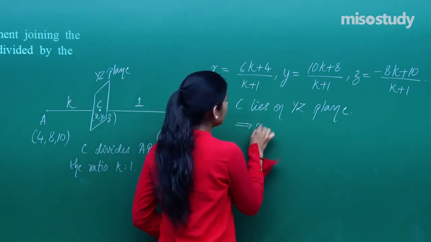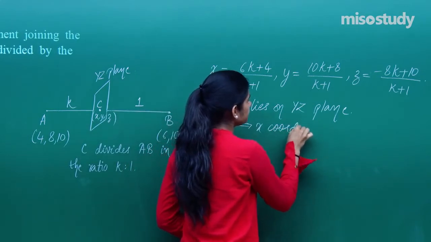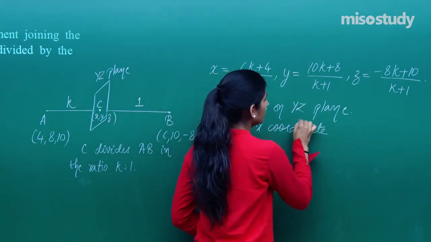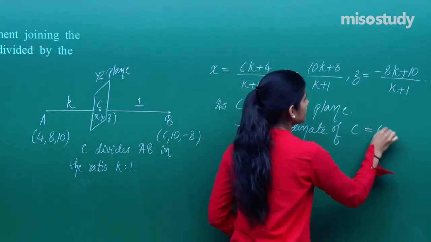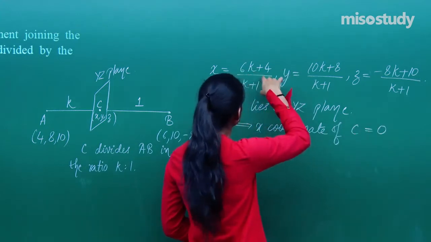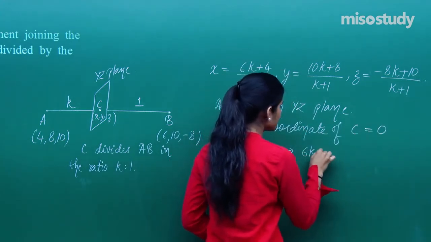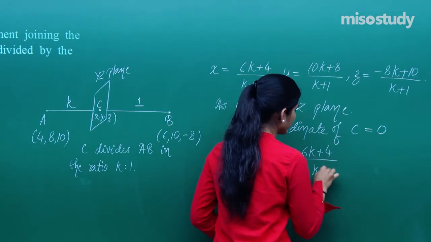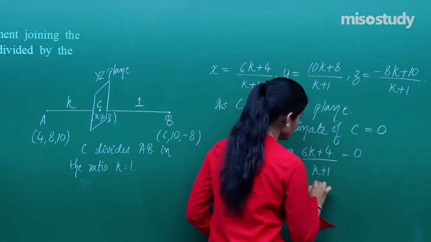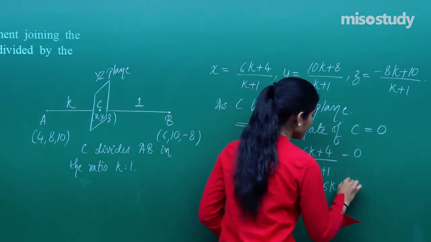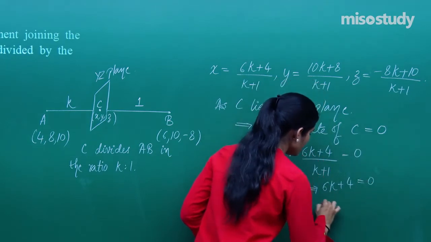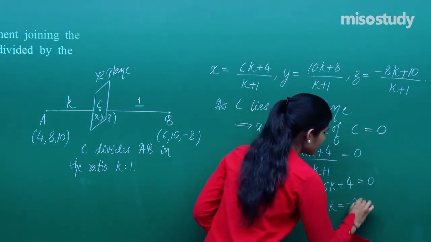This implies x coordinate of point C is 0. X coordinate of point C is 6k plus 4 upon k plus 1, which is 0, which implies 6k plus 4 is 0, which implies k is minus 2 by 3.